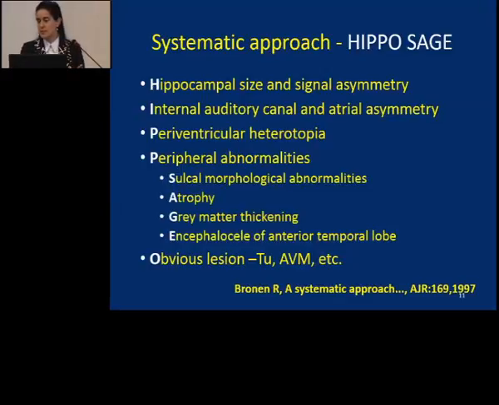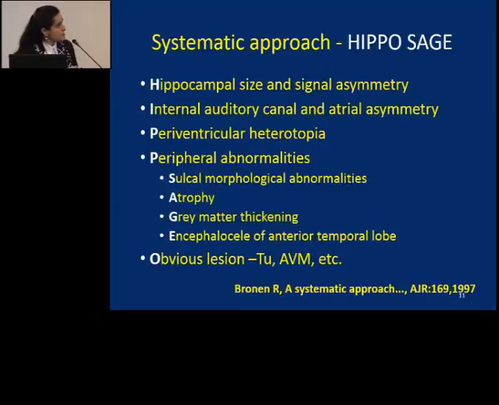I like this systematic approach. This is the mnemonic. So these are the places we have to look for, and by doing this, I hope that we will not miss any kind of pathology. First, look for the size of the hippocampus and signal, then look for some signs of asymmetry, and if there is any, you can use your 3D T1 imaging and correct just thinking about the symmetry.